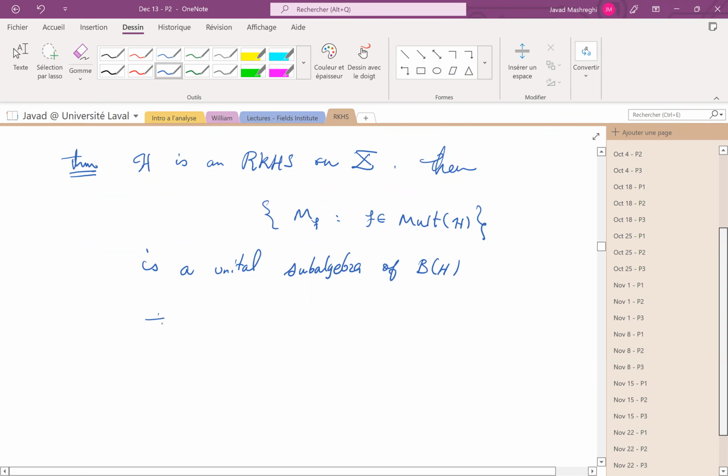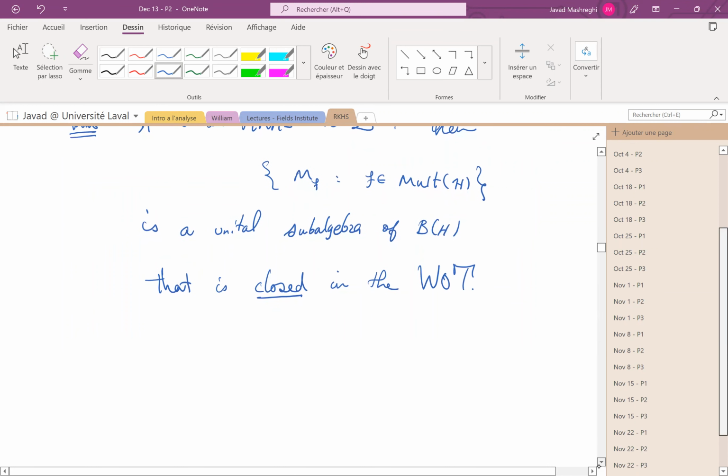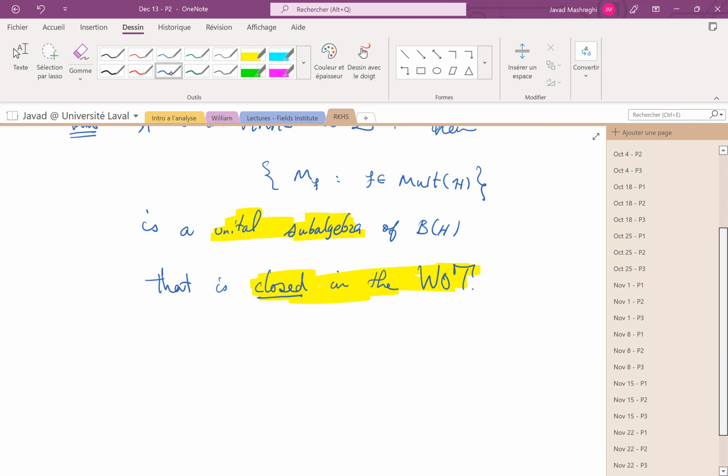The new part is that it is closed in the weak operator topology. So two ingredients: a unital subalgebra, we know that, but the closedness in the WOT is what we want to show.